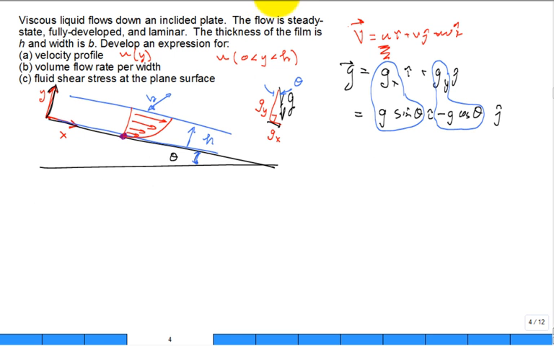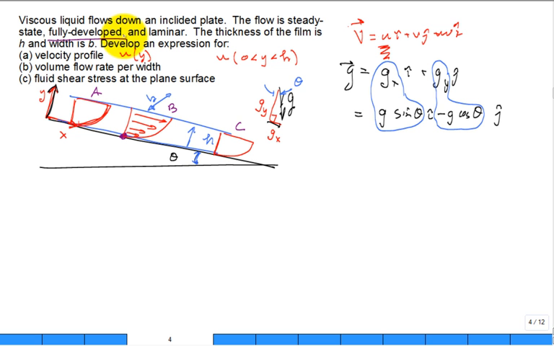If I say I want to look at the velocity profile at this location, will it be any different than the velocity profile at this location? Or maybe I sketch out the velocity profile at locations A, B, and C. Will the velocity profiles be any different if it's fully developed? That's a big conclusion.